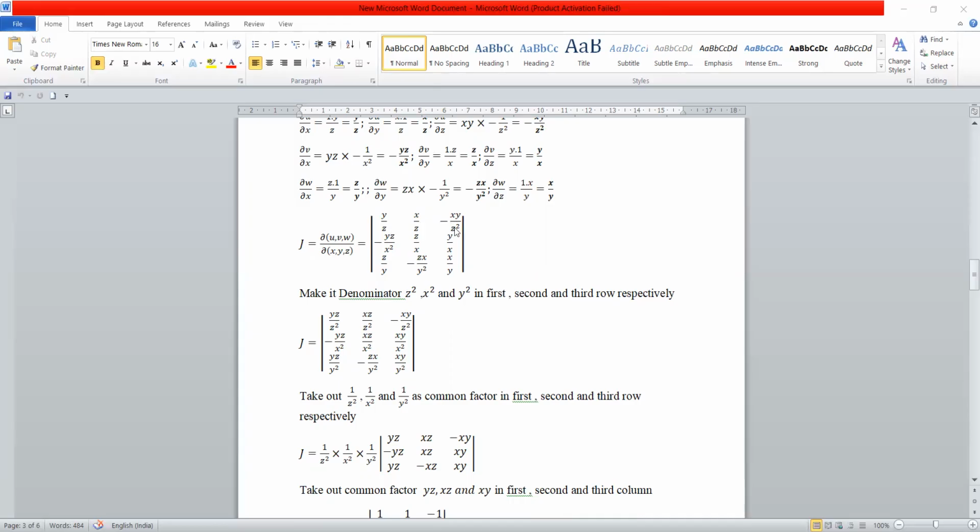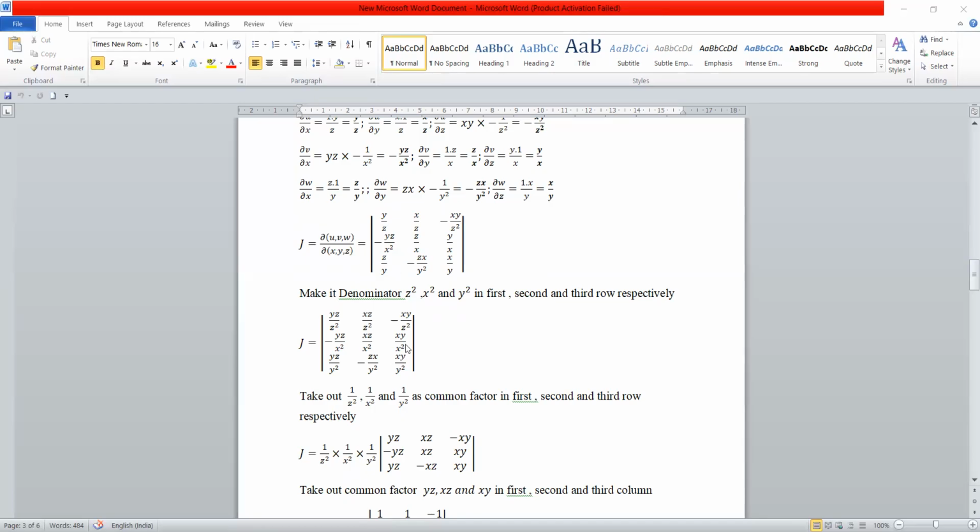So make it uniform, in order to get the common factor. In a similar manner, in the second row, multiply by x and divide by x for these two terms. And in the third row, multiply by y and divide by y for these two terms. So in order to get it uniform, okay.